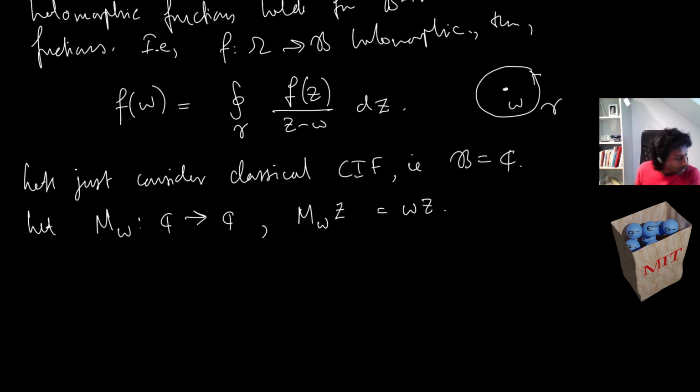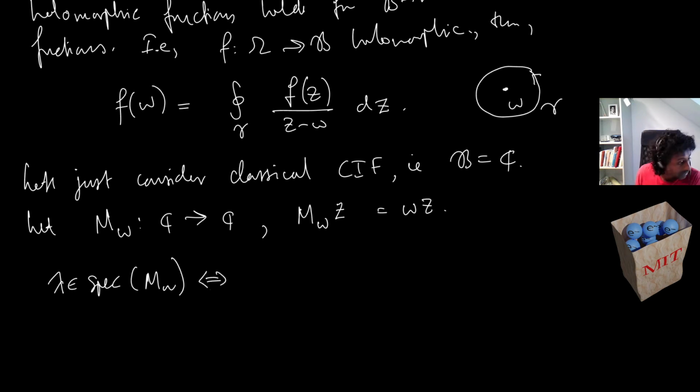Okay, so what is the spectrum of this operator M_ω? We have λ in the spectrum of M_ω, and we know it has to be point spectrum because it's just a matrix. We can think about it as a matrix.